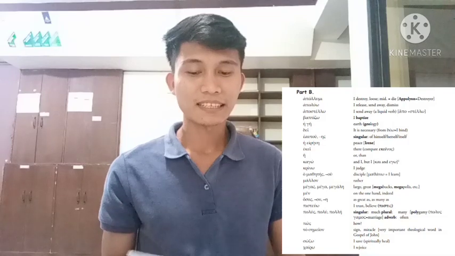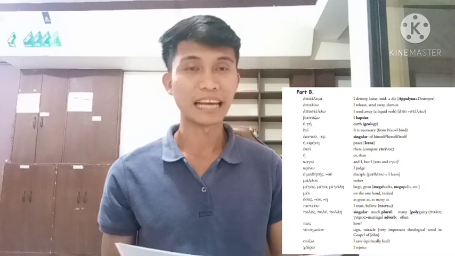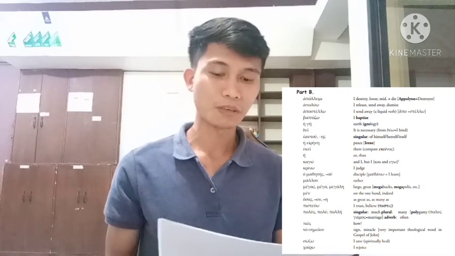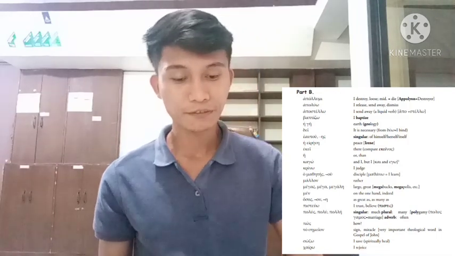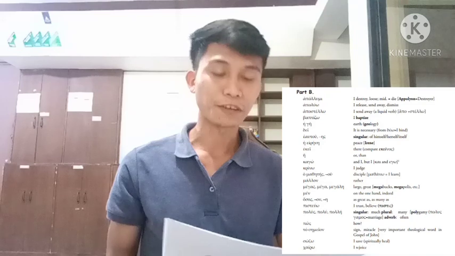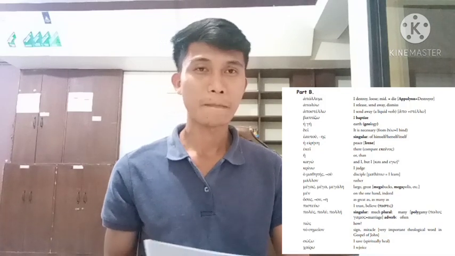The next word is heautou, or heautes, which is a singular form meaning of himself, of herself, or of itself. The next word is he eirene, which means peace.